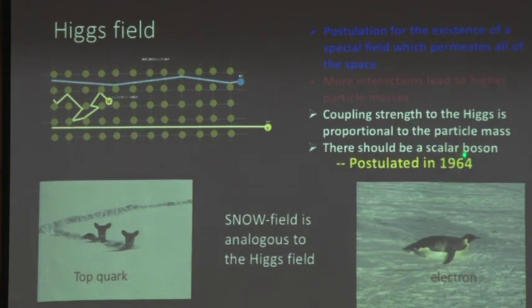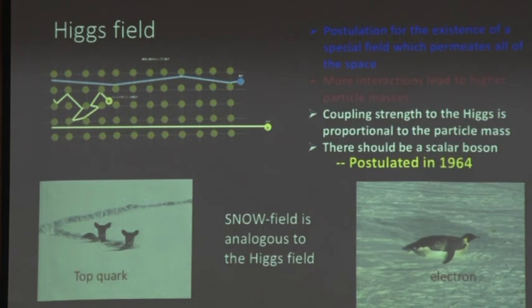Peter Higgs, François Englert and Brout postulated that because of this Higgs field, there should be a physical particle, the Higgs boson, and this was postulated in 1964. Today, after 48 years, we found it.